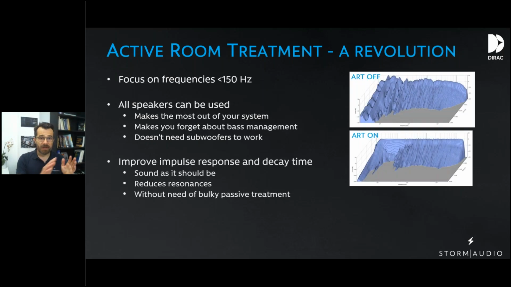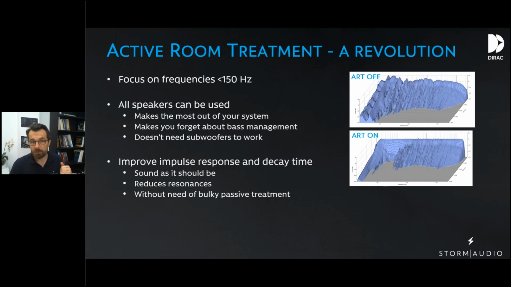Active room treatment, as any other Dirac Live system, is focused on improving the impulse response. Instead of doing this only on a one-speaker basis, it uses all the other speakers of the room and makes sure that for the signal we are focusing on, so the main speaker we look at, the impulse response is the best possible.